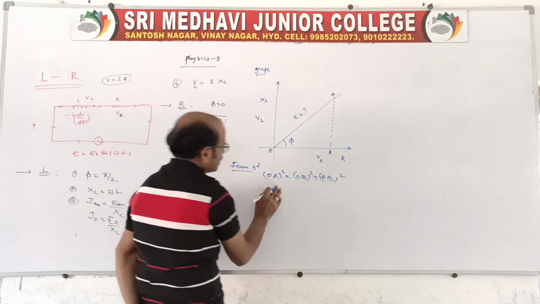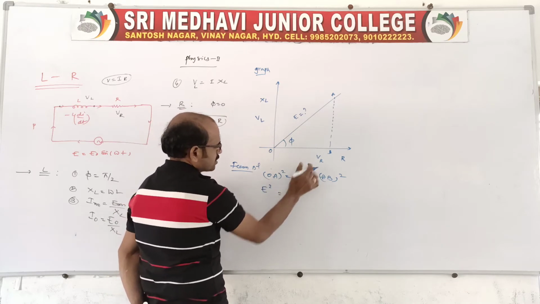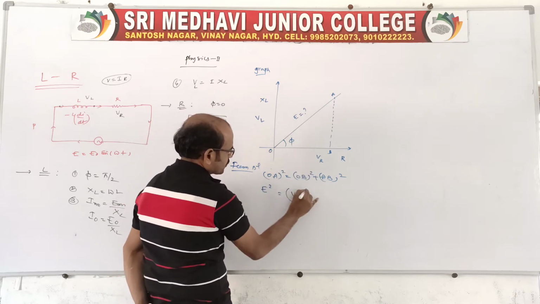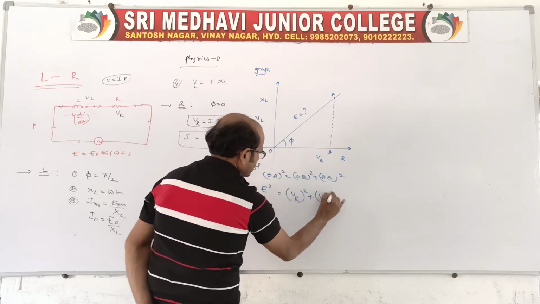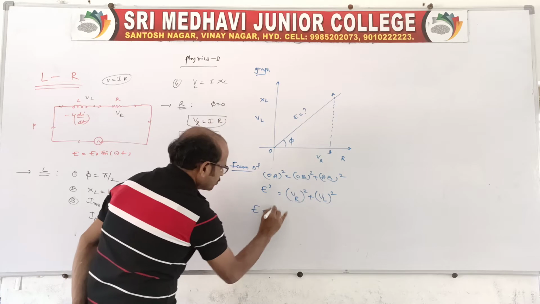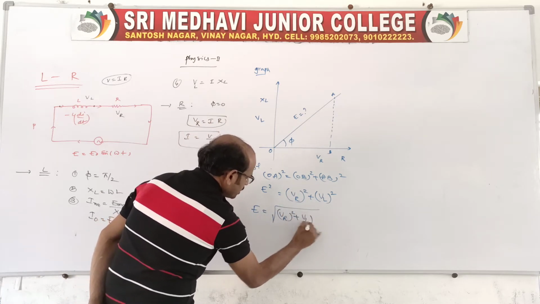OA is E square, OB is VR square, and AB, which is parallel to this, is VL square. So E is equal to root over VR whole square plus VL whole square.